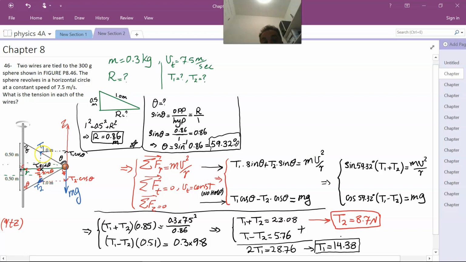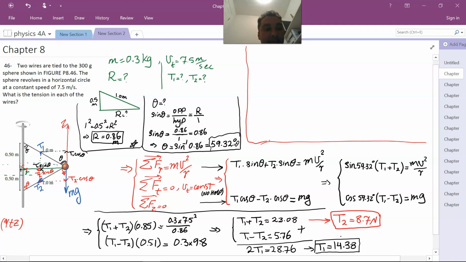Why? Because it tolerates more gravity than this one. So more tension is on T1 than T2, and we see in the calculations that T1 is greater than T2. Okay.